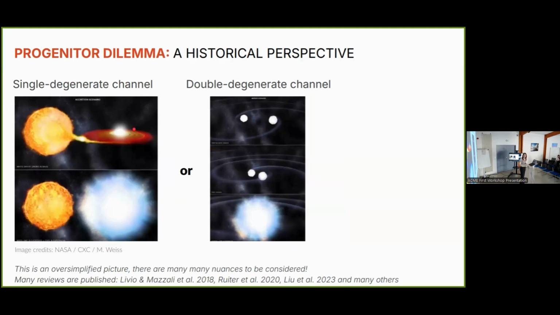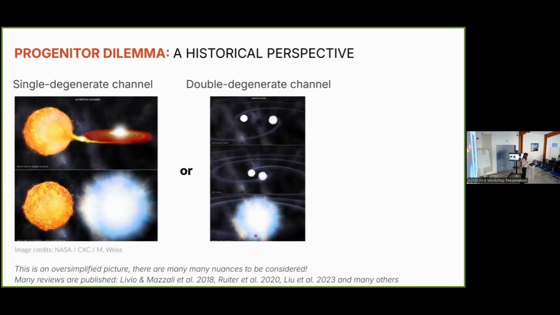On one hand, we have a channel that basically has any sort of living star, so main sequence, giant, or subgiant star. And via accretion, you grow your white dwarf to a Chandrasekhar mass that leads to the explosion. And in this other channel, you have two white dwarfs that are brought together by gravitational wave radiation, and an explosion happens in one way or another.